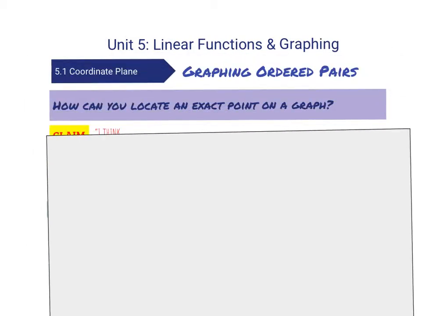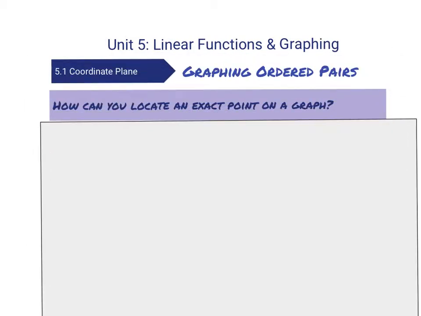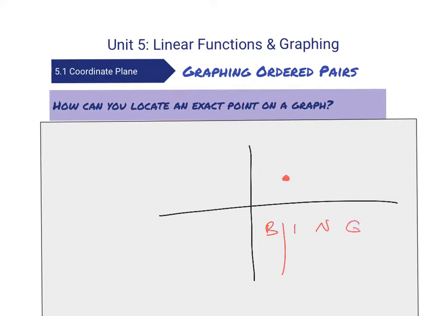If I was to ask you how you can locate an exact point on a graph, let's say this point here, what would you say? Sort of like bingo. If you were playing bingo, when you go to call a specific number, you would say the letter first, and then the number.